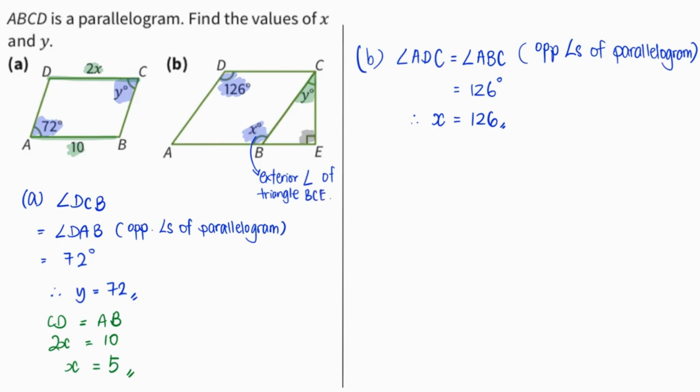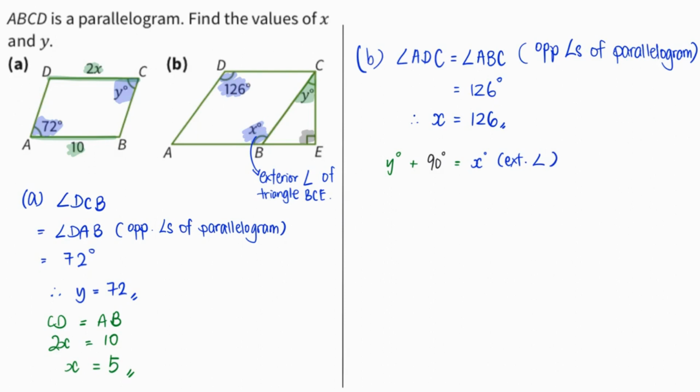and there is a special relationship that connects x degree, y degree, and 90 degree, which is, so my y degree plus my 90 degree for angle BEC is actually equal to x degree, because x degree is the exterior angle of the triangle BCE.